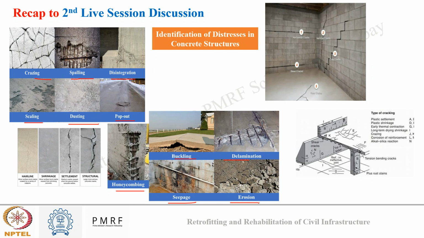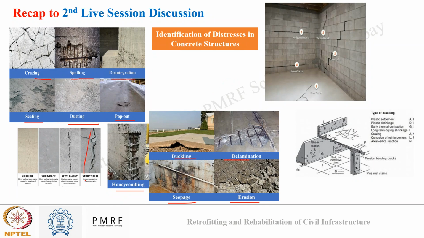And then we went a little deeper with the discussion on cracking, which is major and occurs mainly. So, in cracking, we discussed two types: structural cracking and non-structural cracking. Structural cracks are those which are major and they mainly occur due to faulty design or subsoil failures.